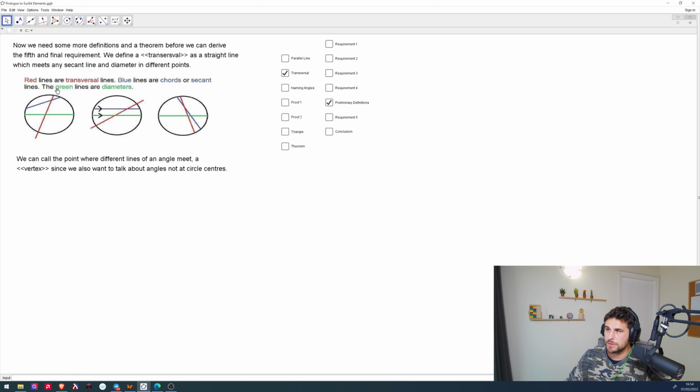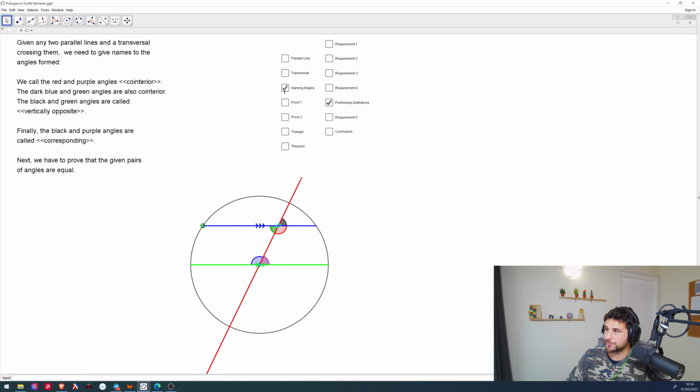We also have to define a transversal line. After we've done that, we have to analyze what happens at these points where these lines meet, and what the relationships of the angles are.